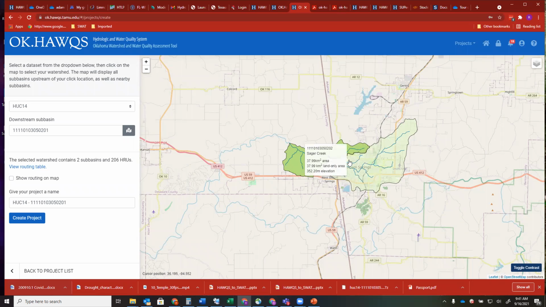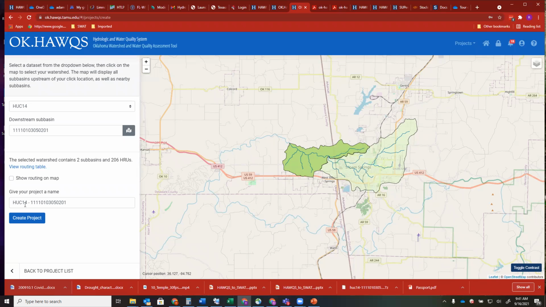Like I said, you could use any watershed within Oklahoma to model this. I could have taken a watershed here or all the way here, whichever one you're interested in. Just to keep the size smaller so that I can run a couple of scenarios for you very quickly and show you the results and comparisons and things like that. That's why I've chosen this small one.